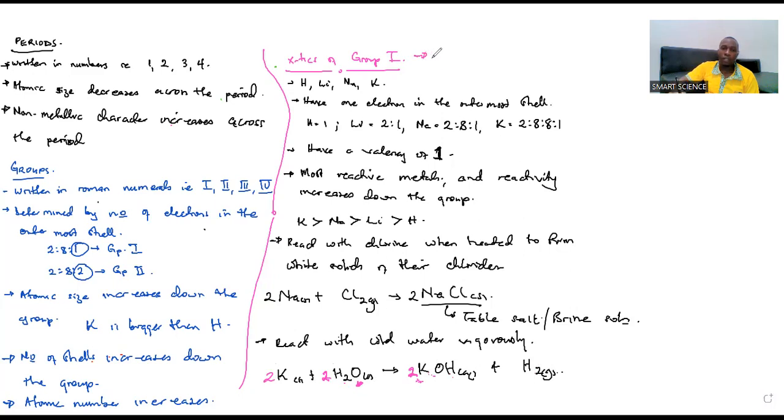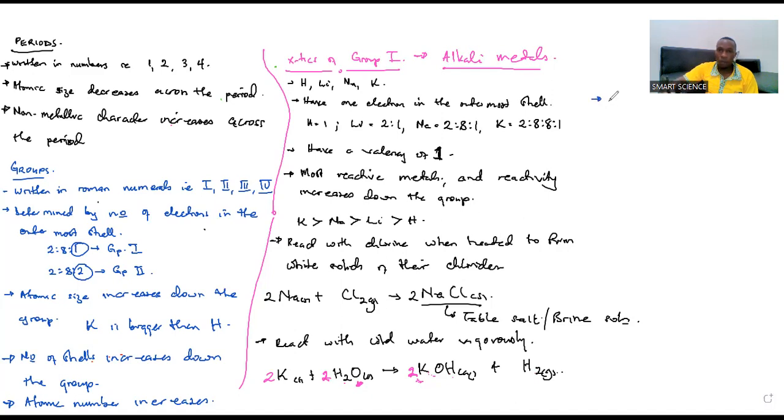We agreed that group 1 elements are also called alkali metals. Among all the metals in the periodic table, they are the most reactive, and we shall talk about their characteristics more.